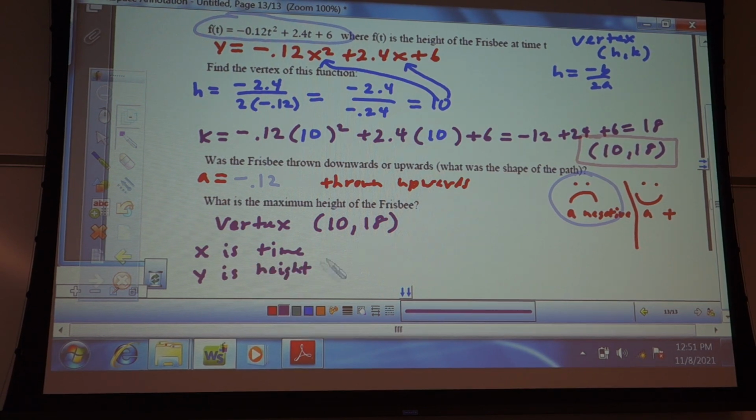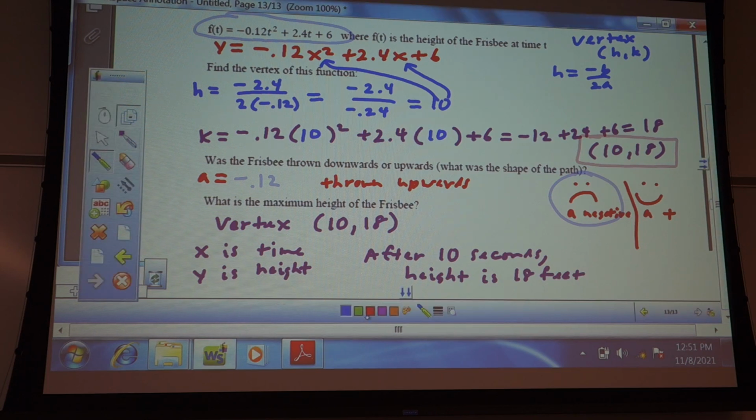So what this means is after 10 seconds, the height, the Y, is 18 feet. So the maximum height is going to be this guy right there.